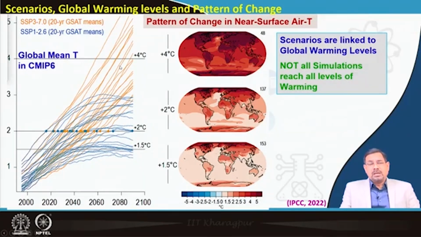In contrast, SSP 3, with close to around 7 watts per meter square, goes up to between 3 to 5 degrees centigrade. So, we need to understand that if we follow a certain rate, where it will lead us in terms of global warming or global mean temperature.